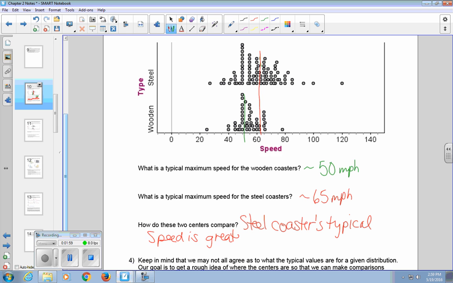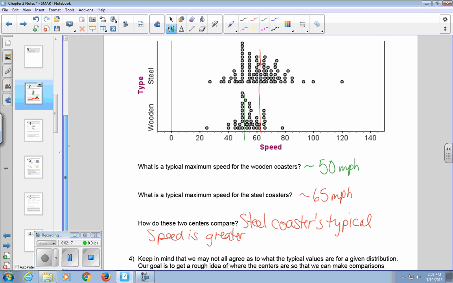Or we can just say that the steel coasters' typical speed is greater. Or steel coasters tend to be faster than wooden coasters. And keep in mind when we look at these typical values or typical speeds in this case, we're looking at the entire distribution, not just a single value.